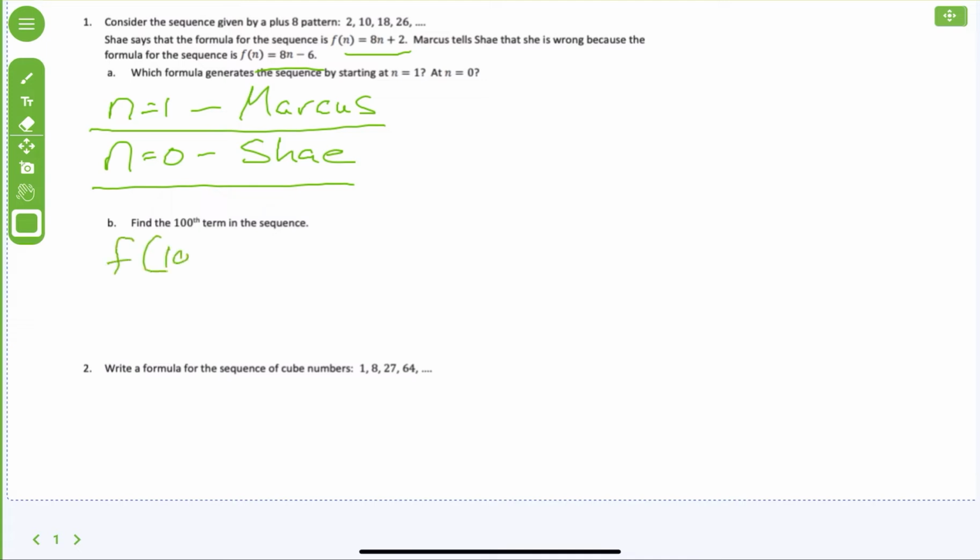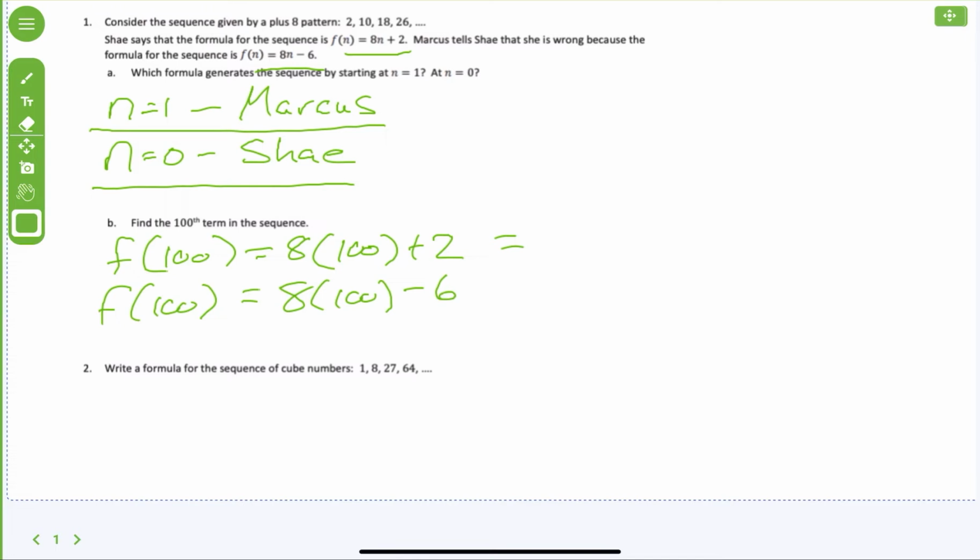We would write it like this. F of 100 is equal to 8 times 100 plus 2, and F of 100 equals 8 times 100 minus 6. Okay?